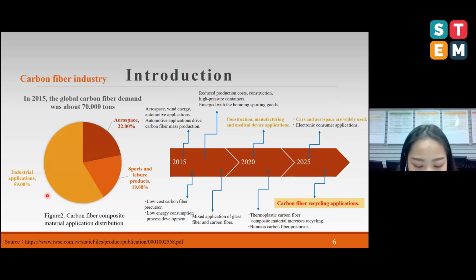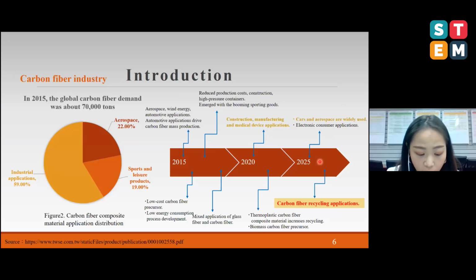This data shows that in 2015, the global carbon fiber demand was about 70,000 tons. We can see from this distribution that industry application accounts for a higher proportion.